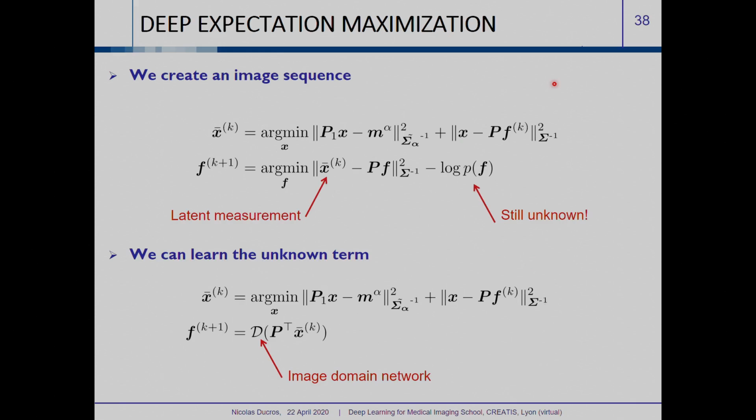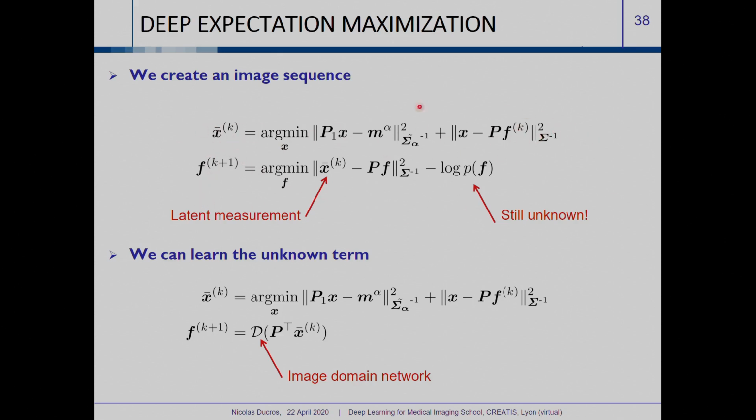The expectation maximization algorithm requires creating an image sequence which solves these two equations. I will spare you the boring details, but what you can see here is that you have two different equations.